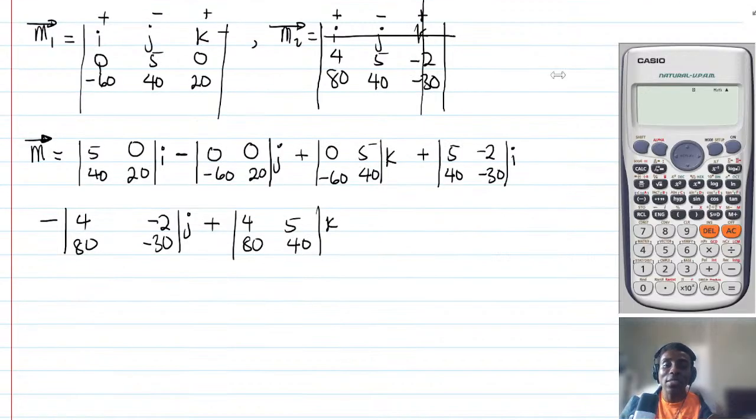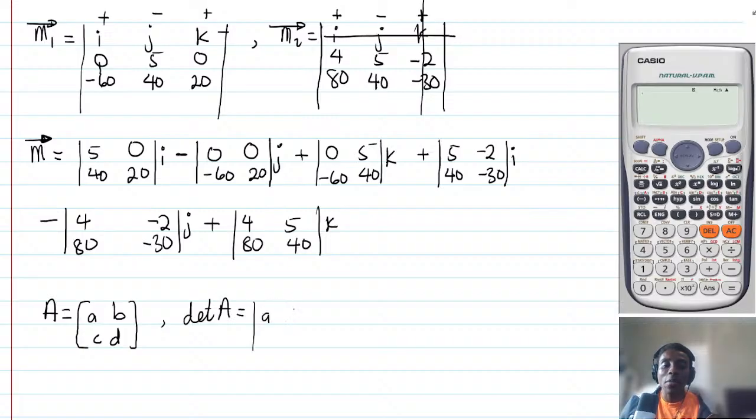The rest is just, so if I have a matrix A given by A, B, C, D, then the determinant of A is given by A, B, C, D, which is the same as AD minus BC.